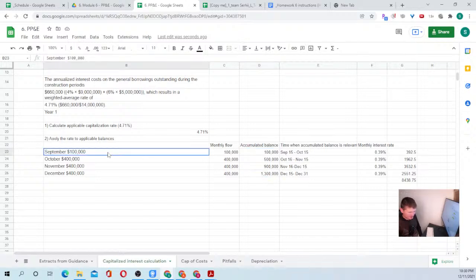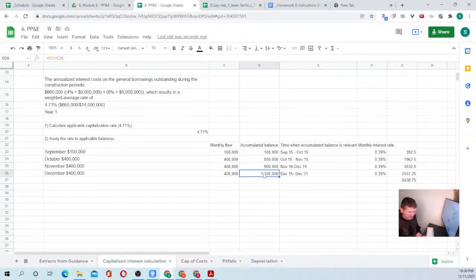So at this stage, when we spent only 100K, it means that we kind of borrowed 100K, or we didn't pay off 100K. We could have used that cash to pay off 100K of debt, and we would have saved that amount of money. And here on December 15th, we already have 1.3 million invested.